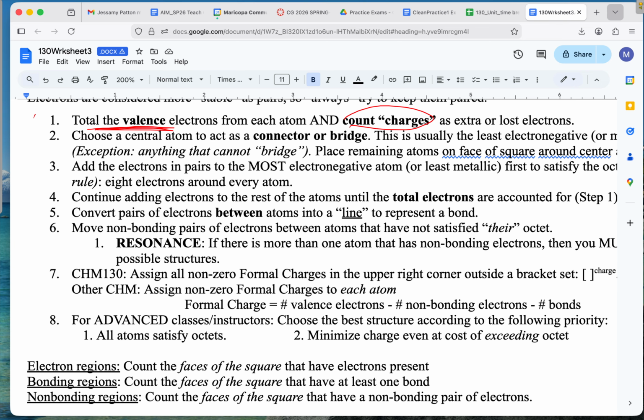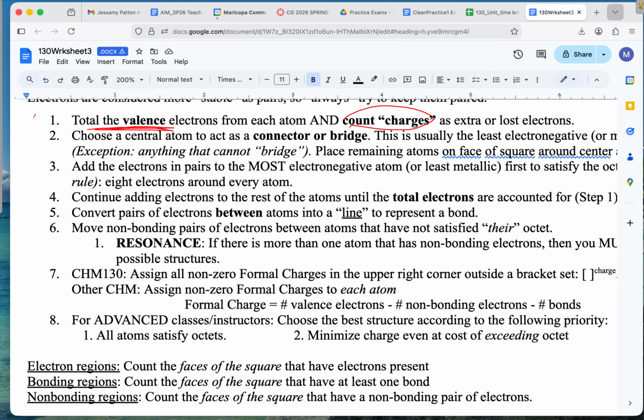Octet was 8. Hydrogen doesn't have 8 electrons, it only has 2. And if 2 people sang together, you'd have a duet. So you'll sometimes hear it referenced as a duet rule. I think that's dumb. You're creating a rule for a single atom. Just acknowledge that it can only hold 2.